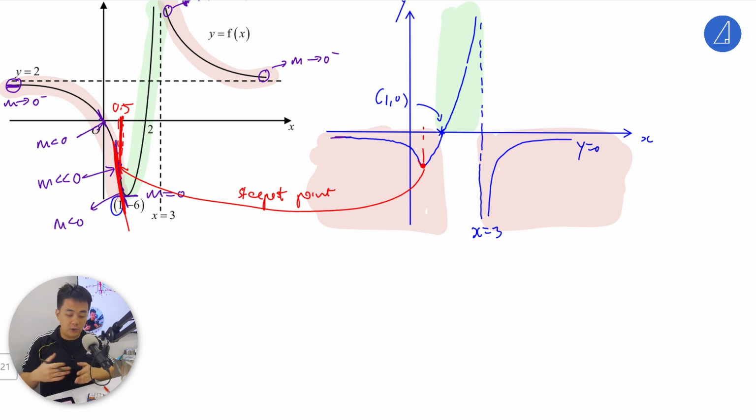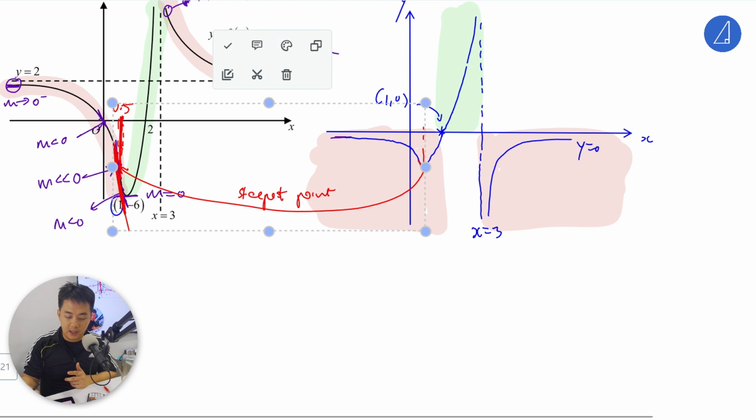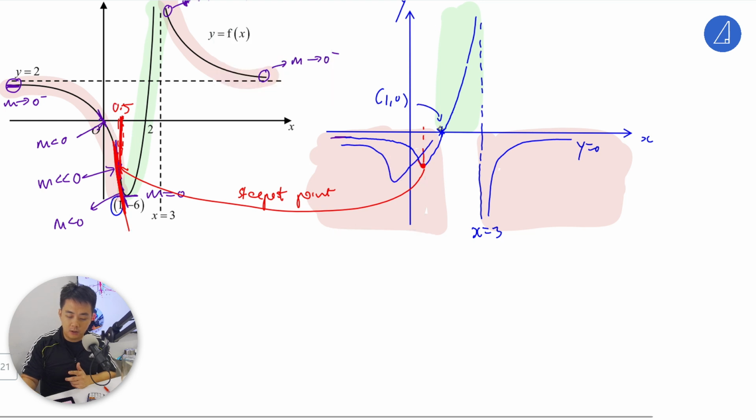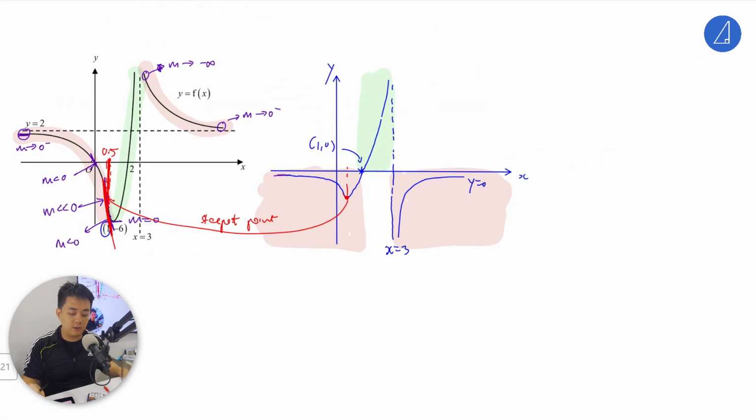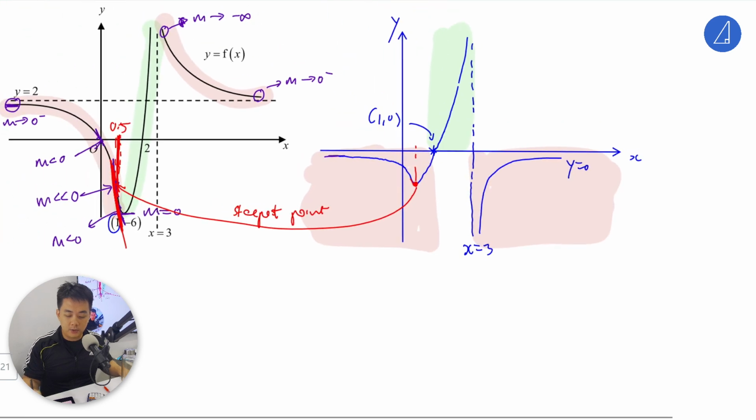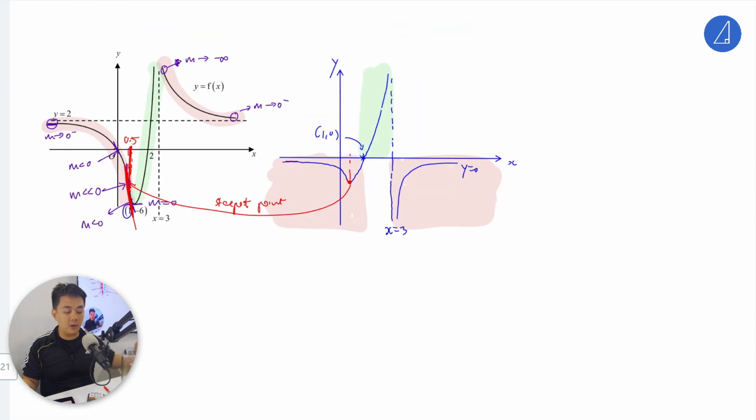From the graph, we know the steepest point is between 0 and 2, or 0 and 1. But if your teacher wants to nitpick, if your minimum point is on the left side, they may deduct marks, depending on how strict your teacher is. So this will correspond to the steepest point. That's why there's a dip there, because it's from 0. It increases to some negative value, decreases to some negative value, then increases back again to exactly 0.